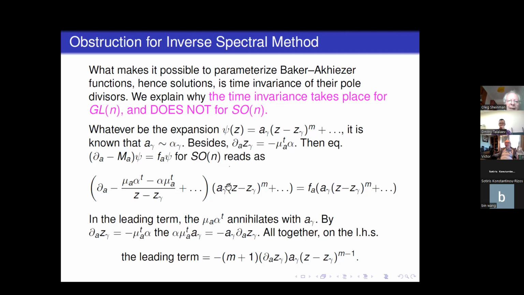Well, then the eigenvalue problem for the operator dA minus MA looks as follows. Here is the degree -1 term of MA, and here is the beginning of the expansion for psi.